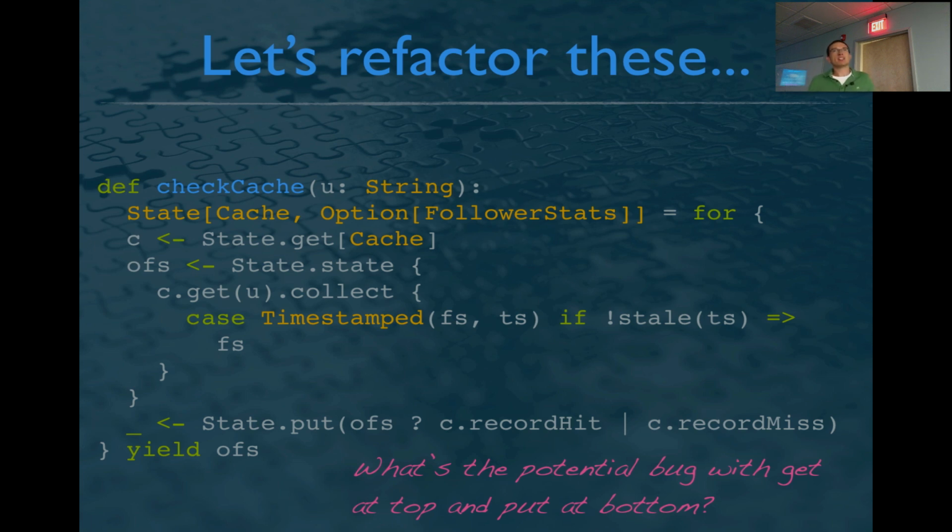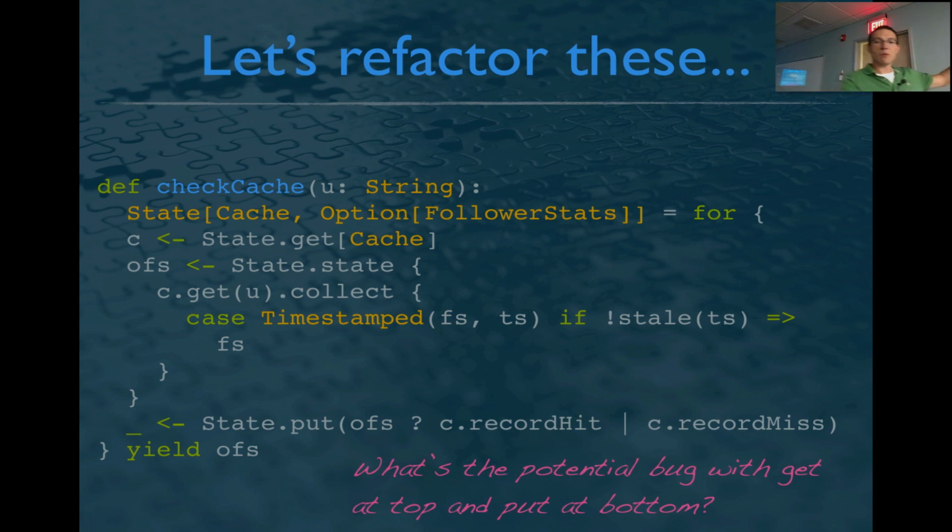Right, this is really similar, in a sense, to that bug I showed earlier. OFS here, the type of OFS is option follower stats, but conceptually, that part of the generator has this hidden state value that's being threaded through everything.